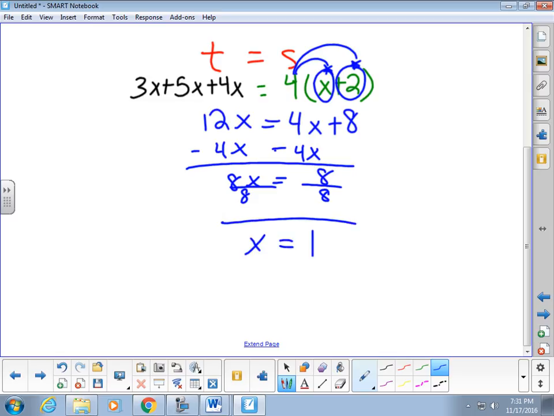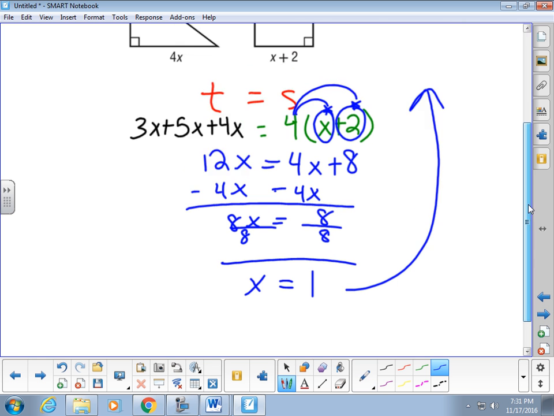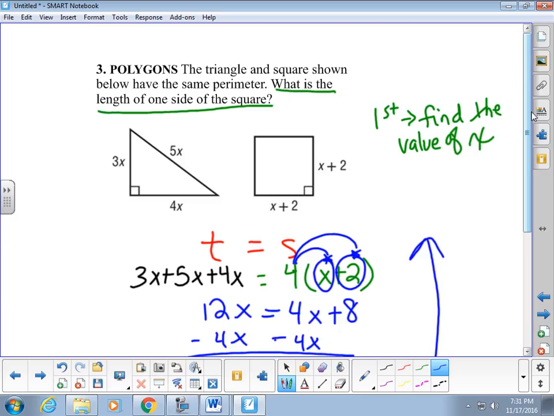So now that I know what x is, I have to go back up. Because the second thing I have to do is plug in the value of x for a side of the square.